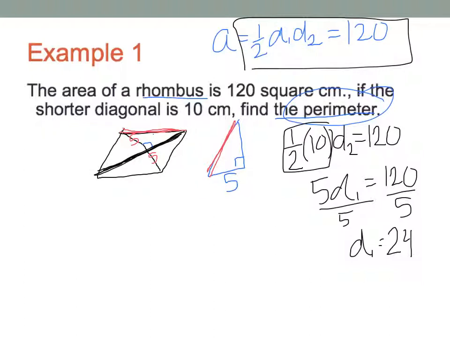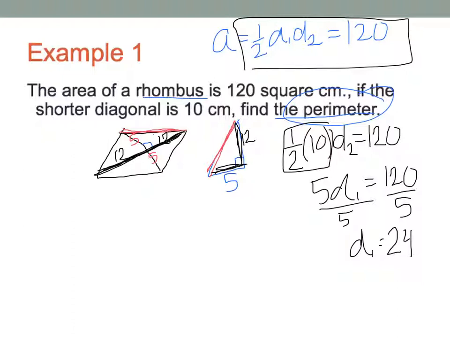And since I know the diagonals are bisected, I'm going to have 12 here and 12 there written down, because now I'm going to use that as this side. So I have one diagonal, the half is 12. The other diagonal half is 12 here and 5 over here. Because I'm looking for my perimeter, let me find this length of my red side.